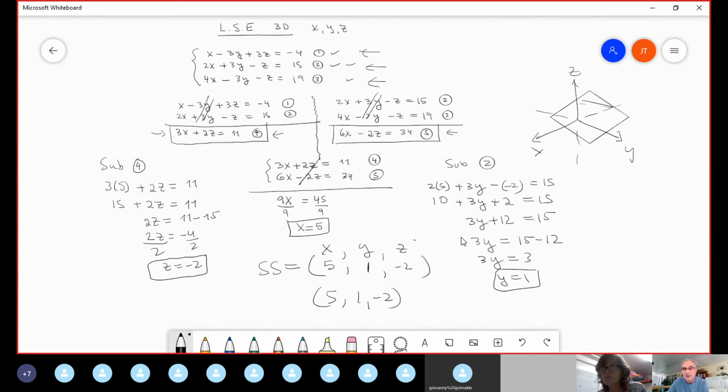Remember, in 2 dimensions, the equation is a line, a 1-dimensional object, but in 3-dimensional space, each equation is a 2-dimensional object, therefore it's a plane. We have 3 planes.